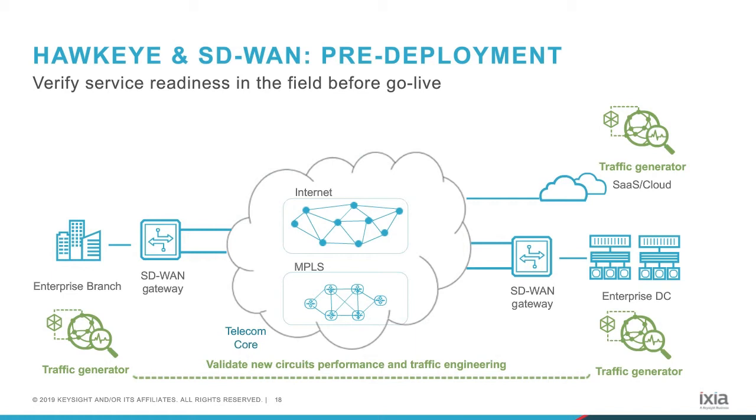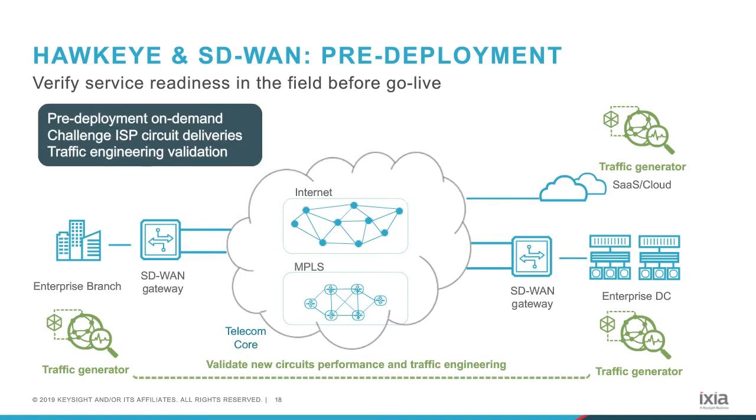It can be a remote site, an enterprise branch, an enterprise data center, or even a cloud resource. We have ways to deploy our endpoints into public cloud as well as private clouds. Then we're going to emulate traffic between these endpoints. We're going to test the capacity of transporting traffic between these endpoints, and we can also test from an endpoint to a service like Salesforce.com or Office 365.